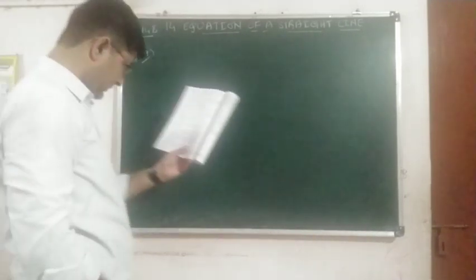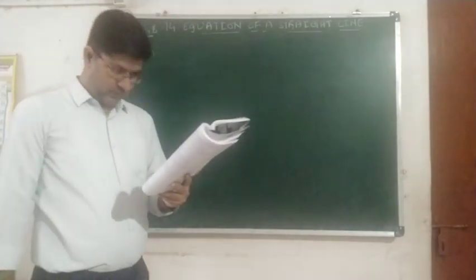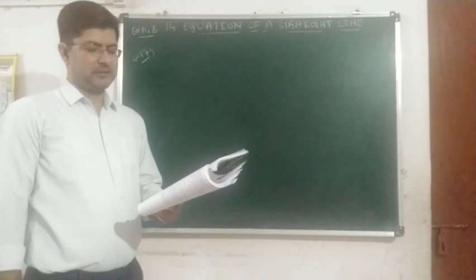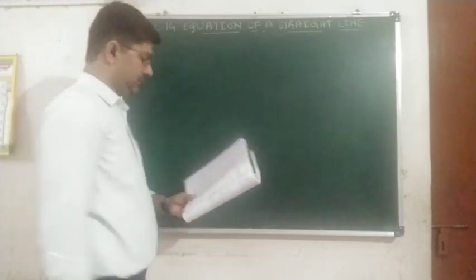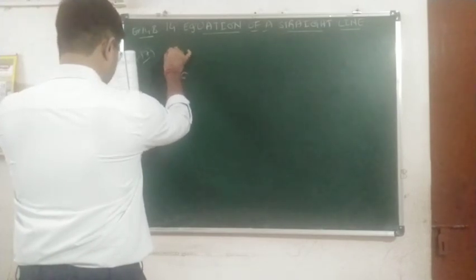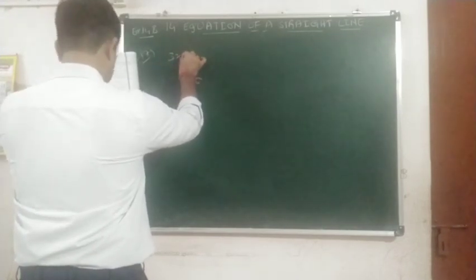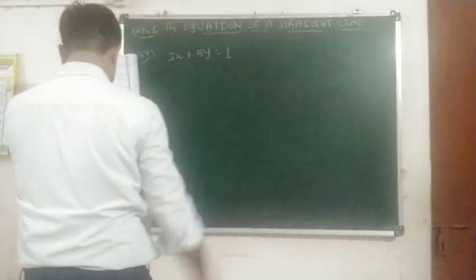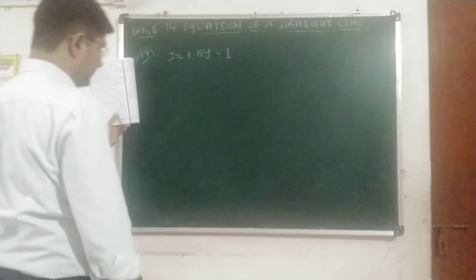What is question number 17? Find the equation of the line that has x-intercept -3 and is perpendicular to the line 3x plus 5y is equal to 1. This is the equation of the given line.